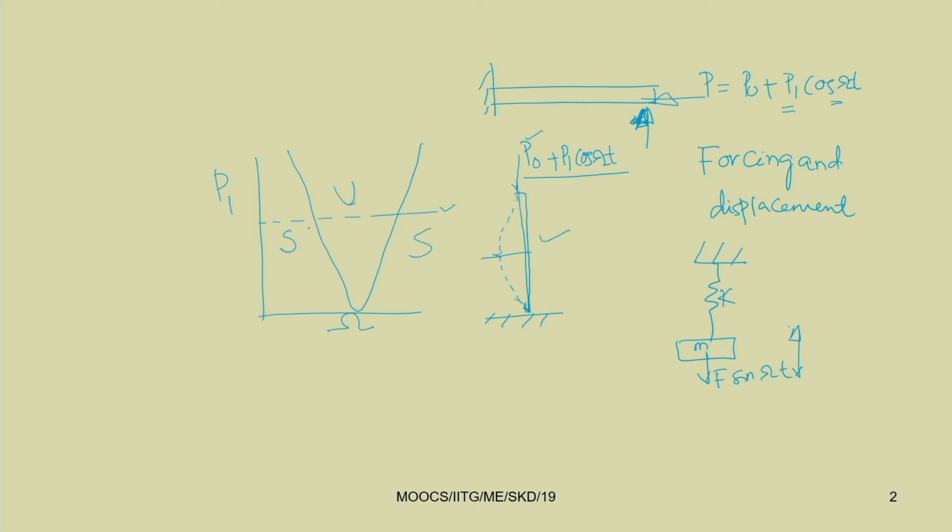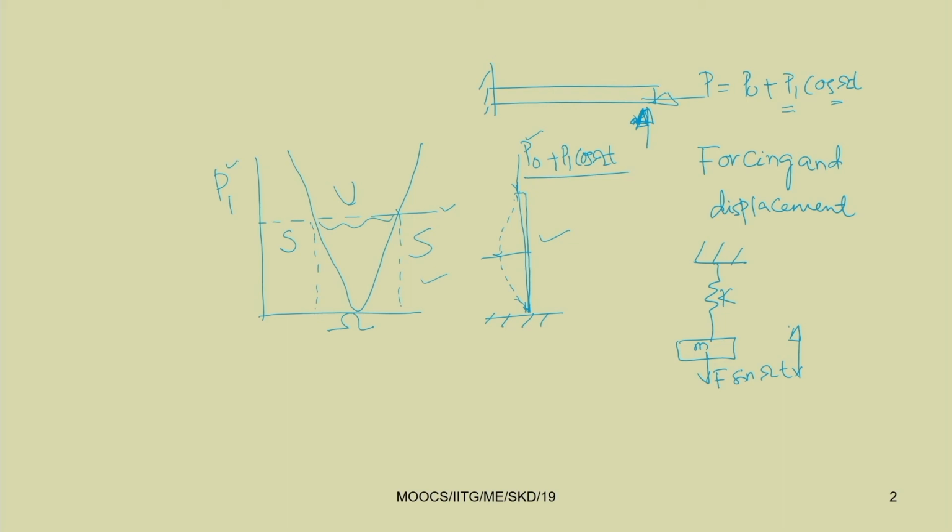So, for this value of omega, the system remains stable and there will be no buckling of the system. Similarly, for values greater than this, there will be no buckling and the system will be stable, but in this range the system is unstable and the column starts to buckle. So, we have to find different values of P1 and omega for which it will start to buckle.